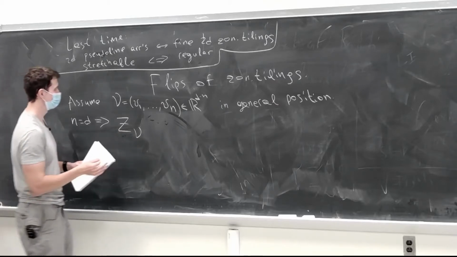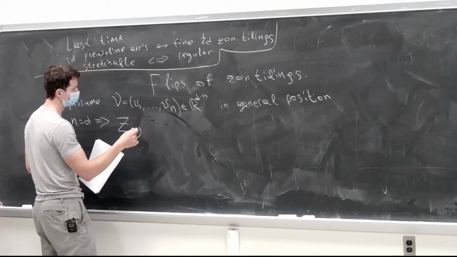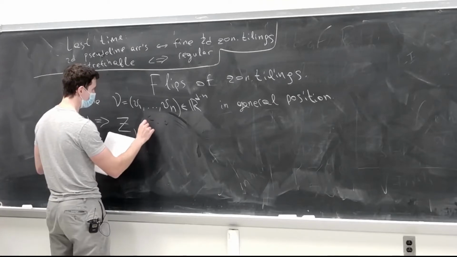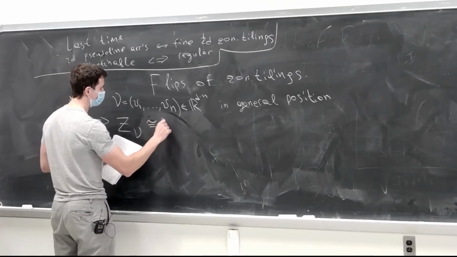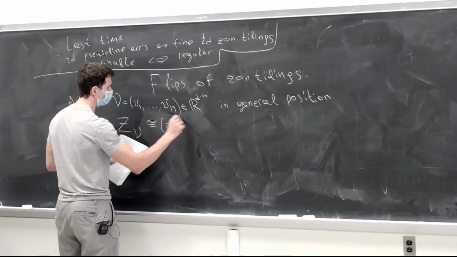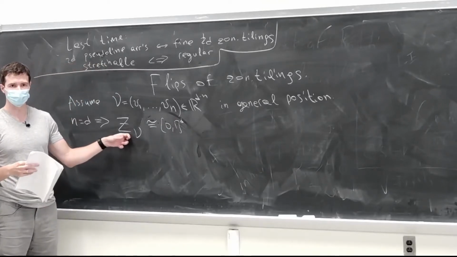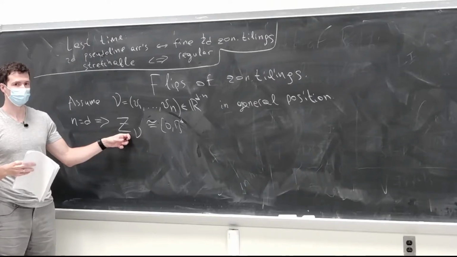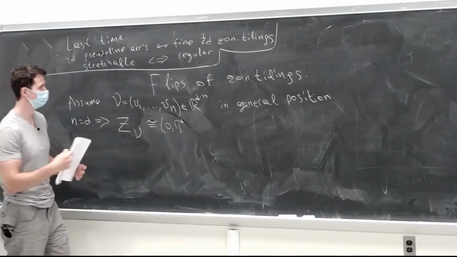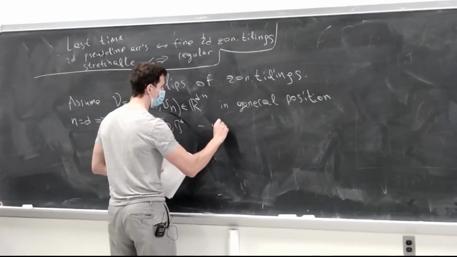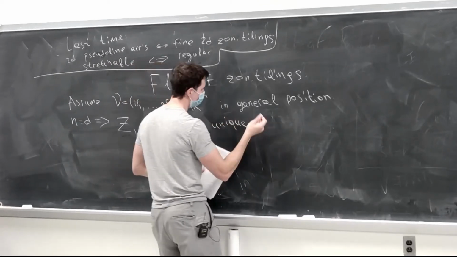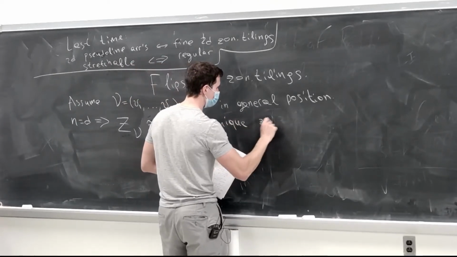OK, nice. It looks sort of like a cube, or it's affinely isomorphic to a cube. And so how many fine zonotopal tilings does this polytope have? 1. A unique fine zonotopal tiling.